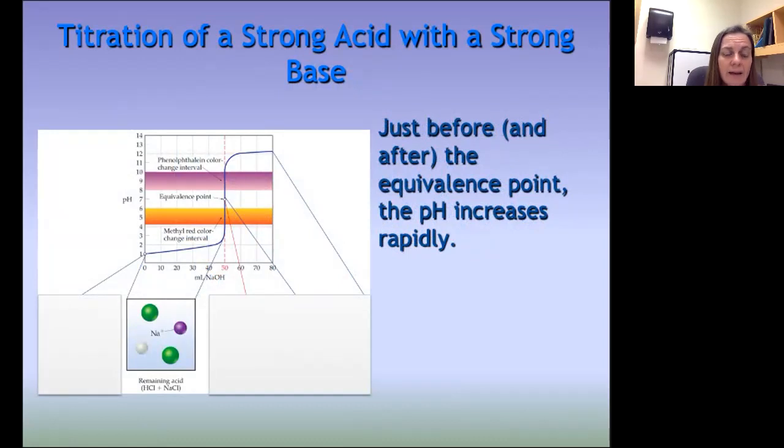At this point, at the equivalence point, we should have no hydronium ion left, no hydroxide ion left, just water and sodium ions and chloride ions. At this point, the pH is going to change very, very rapidly, to the point that 1/10 of a milliliter is going to cause a significant change.